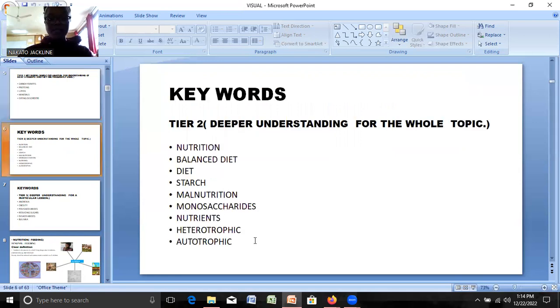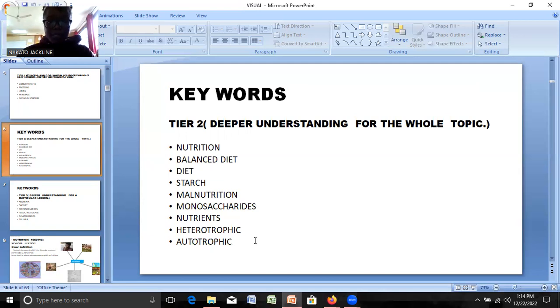And then the tier 2 keywords, these need deeper understanding for the whole topic. So for example, for deaf learners to understand more of this topic, they should have a deeper understanding of the following words.